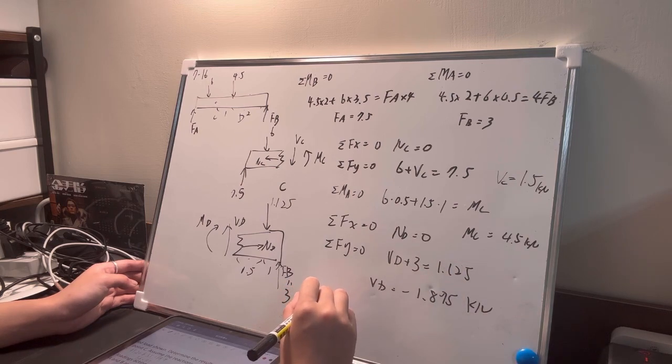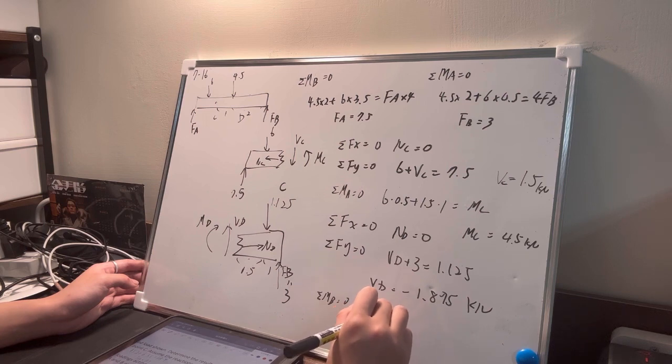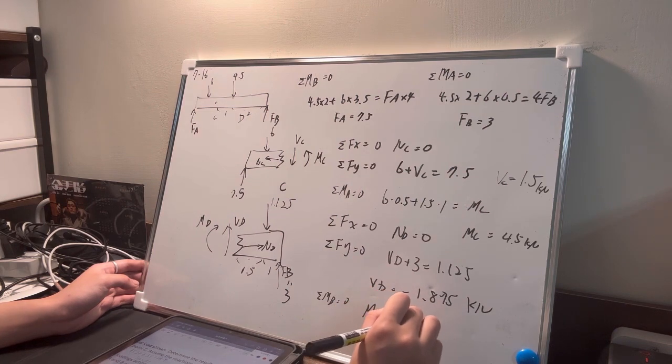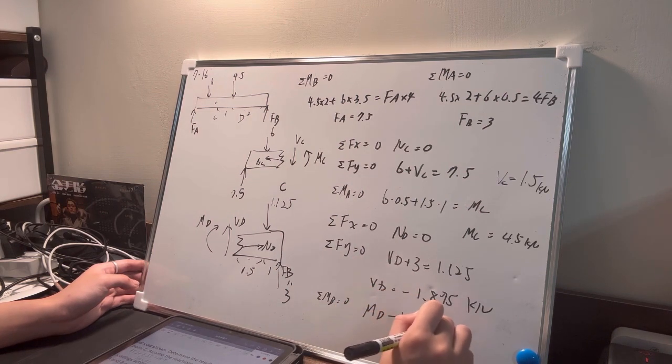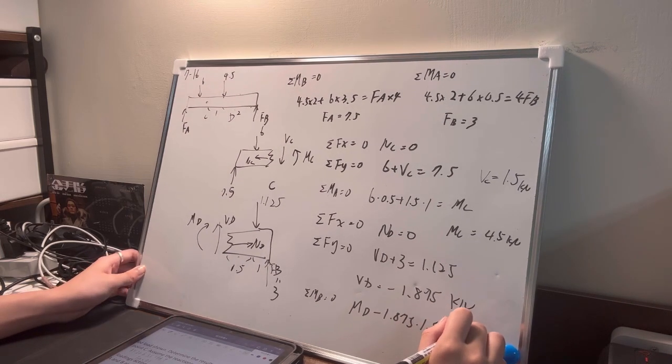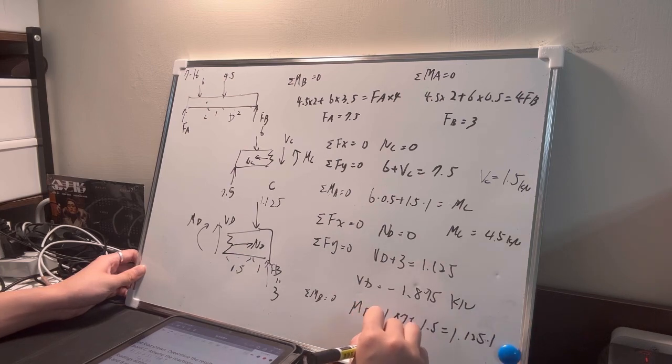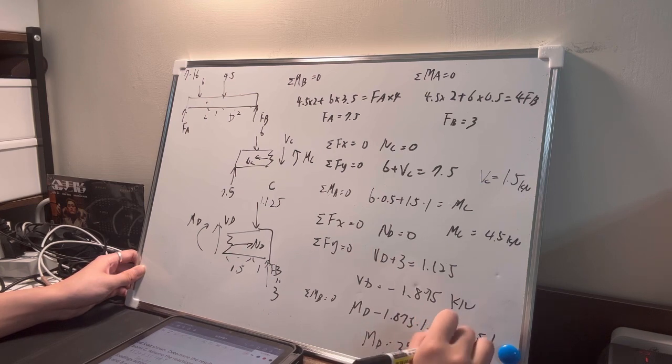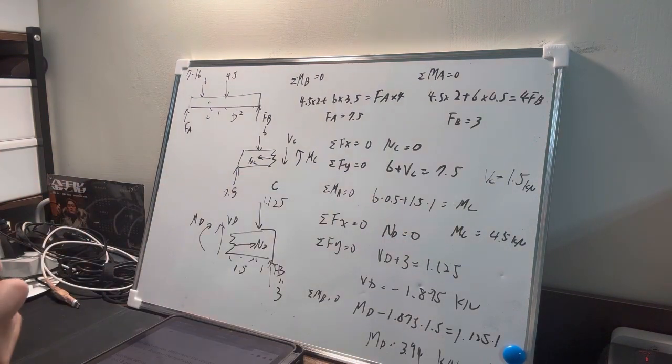And also summation MB is equal to 0, so MD minus this times 1.5 is all equal to this times 1. So MD is equal to 3.94 kN. This is the answer.